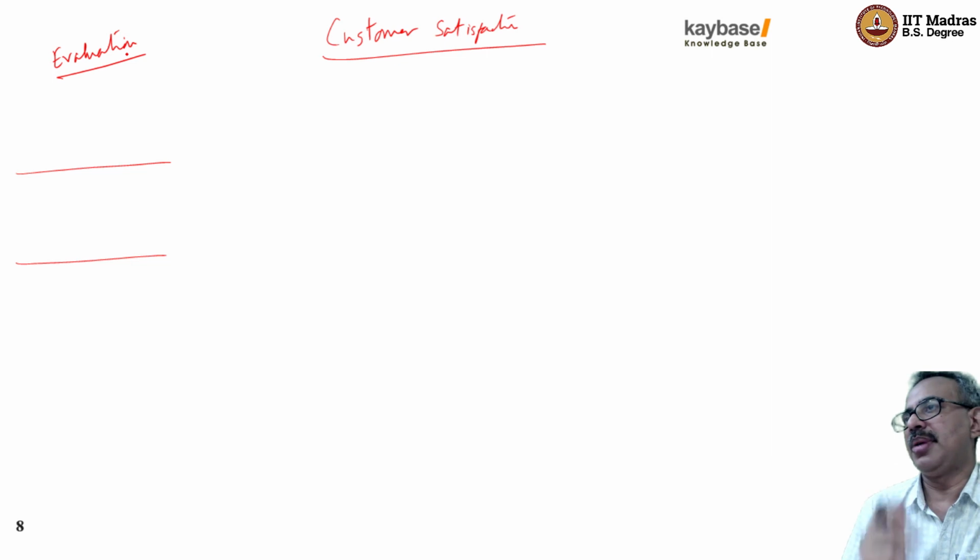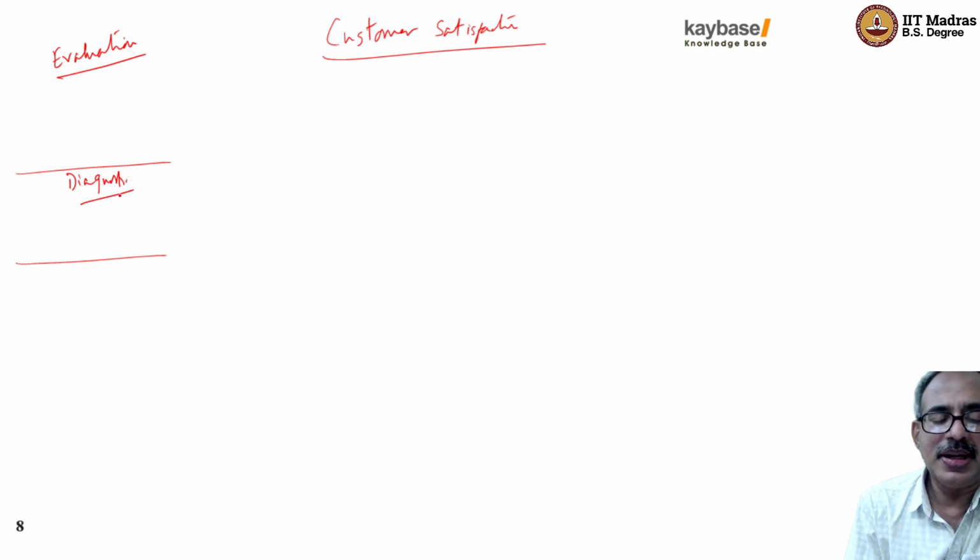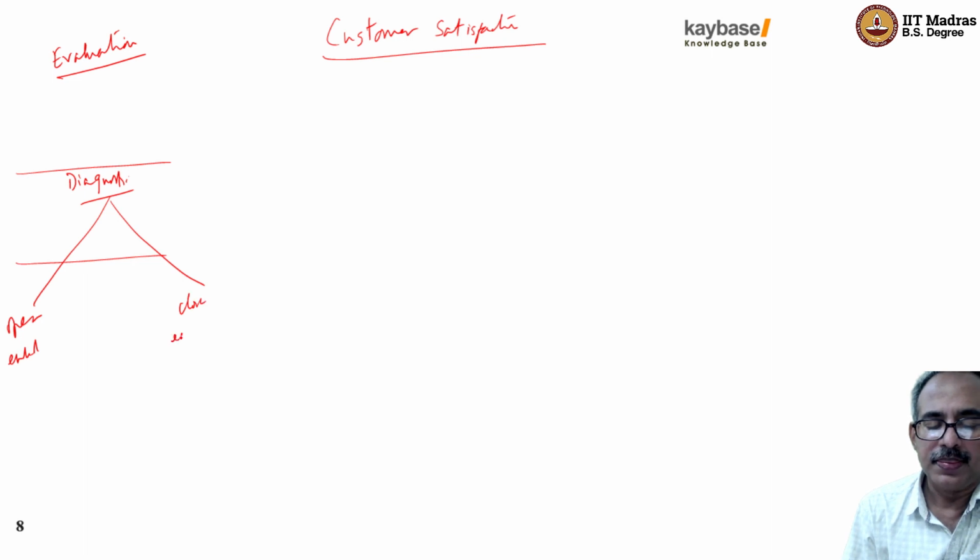Is it good or is it bad? The second broad part is diagnostic. Within diagnostic, we have 2 parts. One is open-ended and one is closed-ended. Okay?